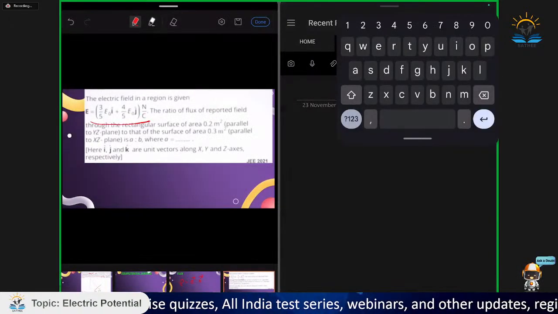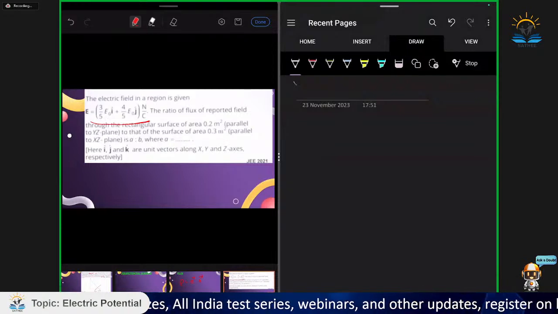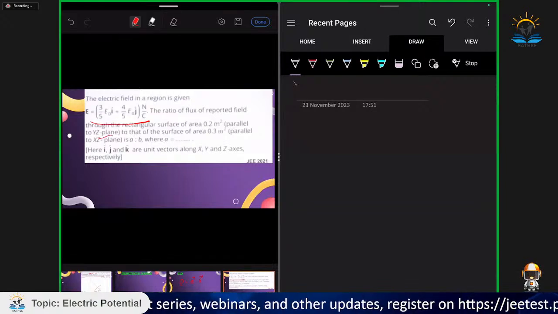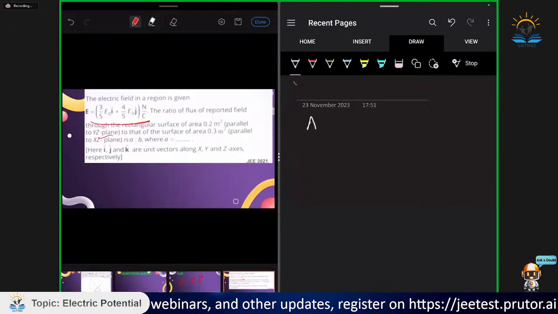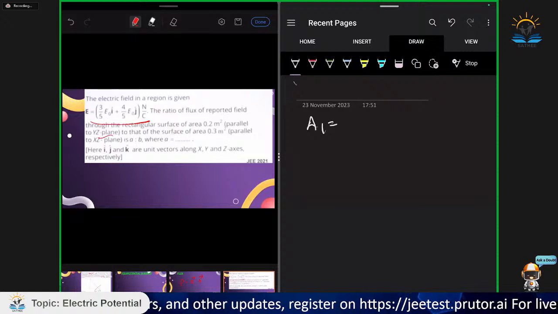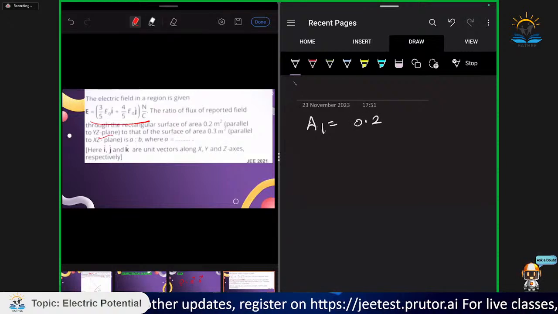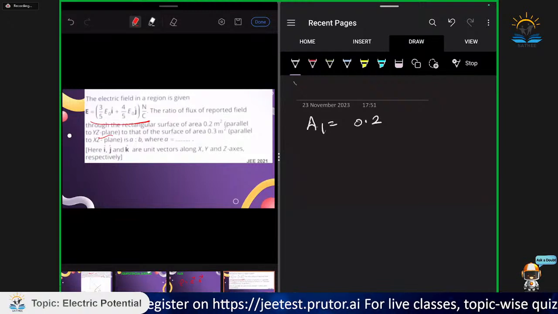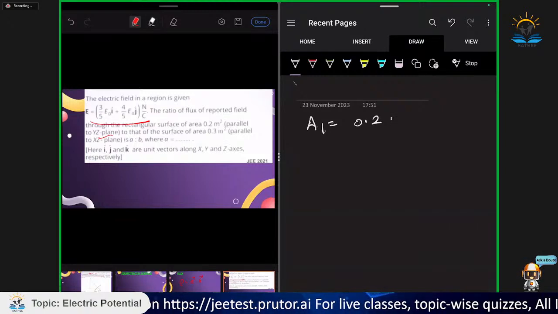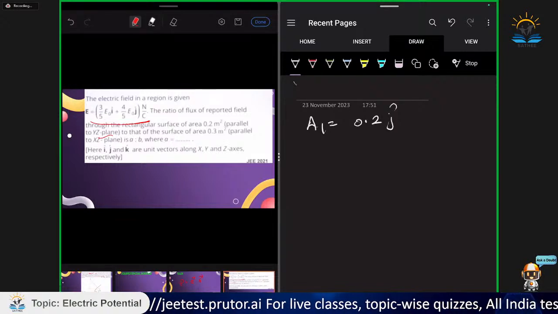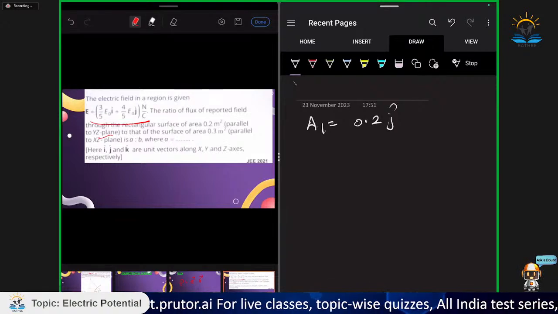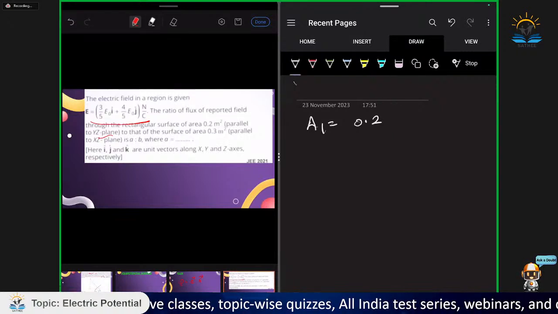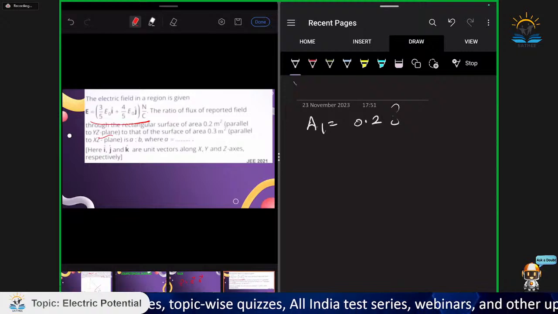This is our electric field. The ratio of flux of the field through the rectangular surface areas 0.2 parallel to the YZ plane. Area parallel to the YZ plane means the area vector A1 points along I cap.